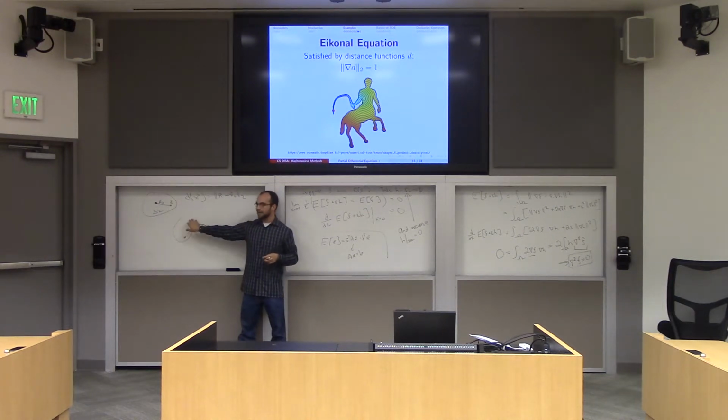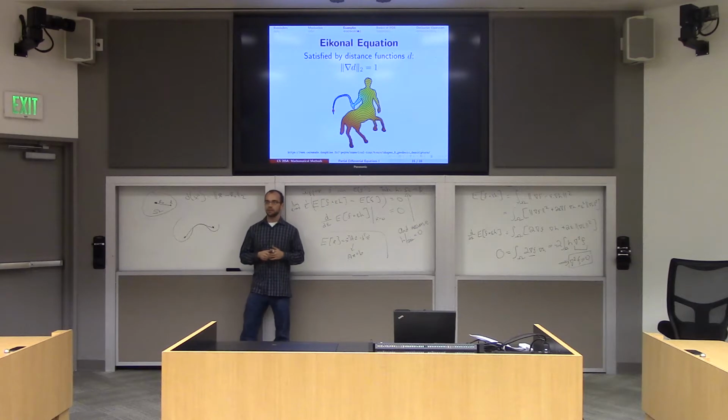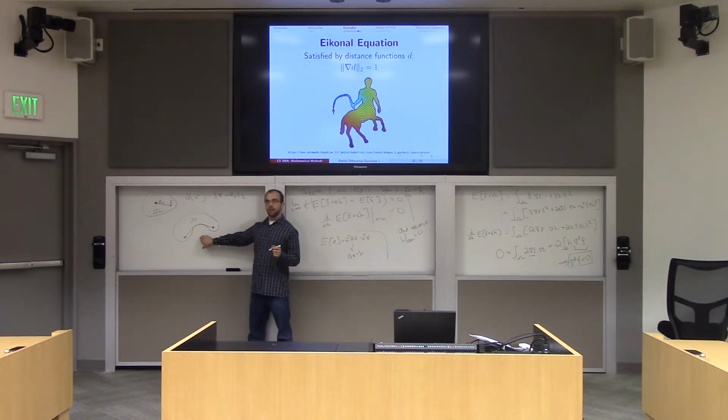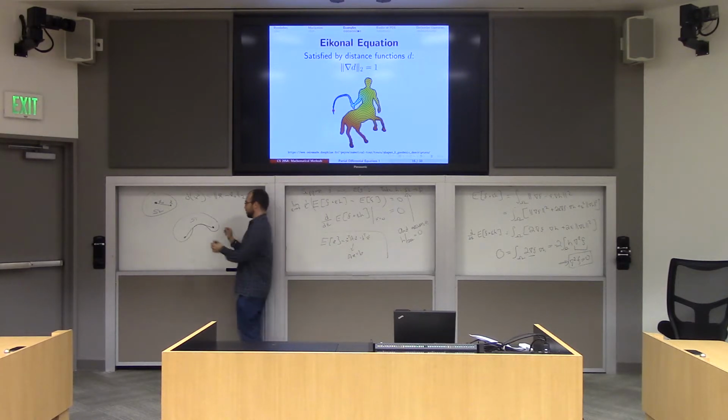I have some domain. Here it's like a blob, but in Dijkstra it's a graph. I give you 2 points, and your job is to find me the shortest path. Well, if I make you stay inside of omega, this distance is no longer a straight line, because you're not allowed to move in this little piece here.